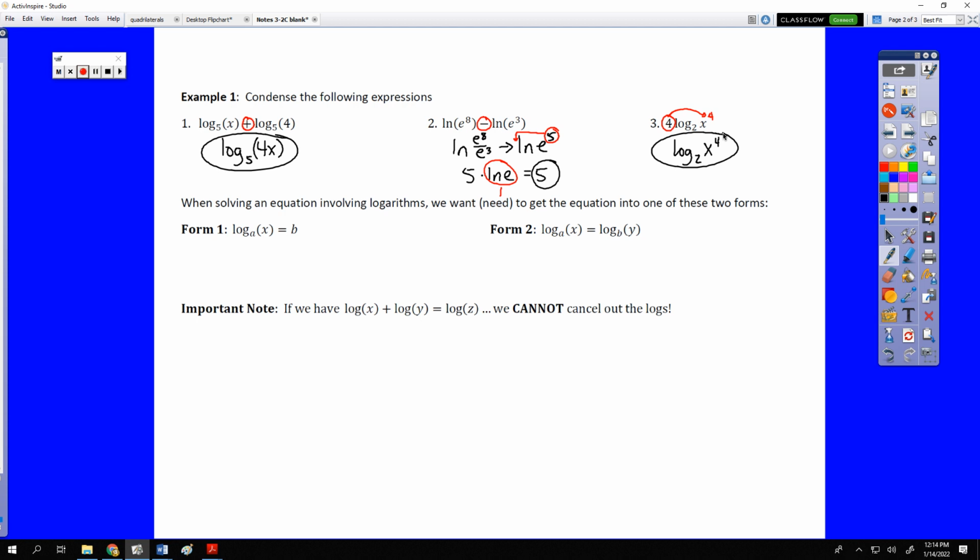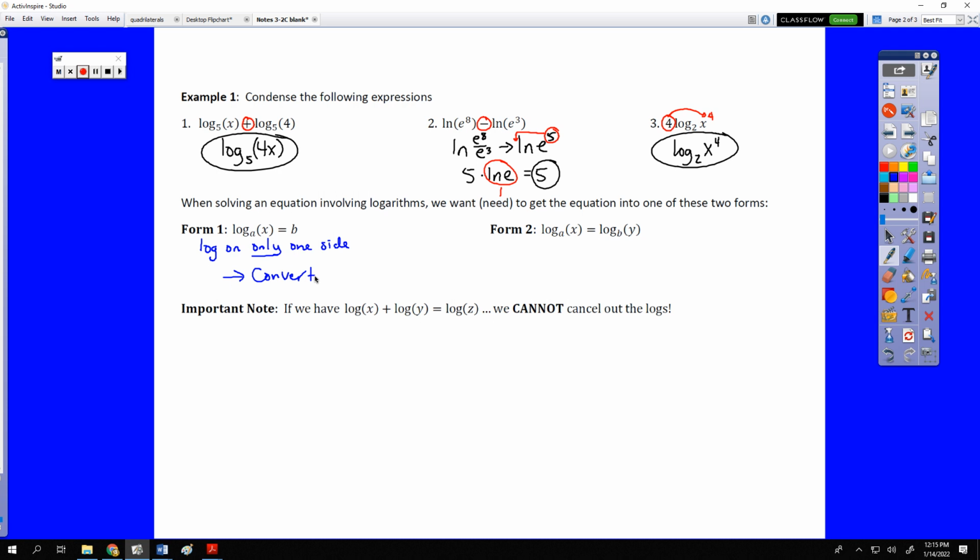Okay, now when we go to solve logarithmic equations, those are going to come in two basic forms. You'll get to the point where you will only have a logarithm on one side, in which case your next step is to convert into the other form.